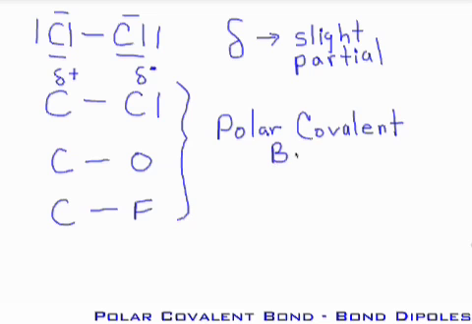We're just saying the electrons are slightly tilted to one atom. And this polarizes the bond. And this polarization leads to what are called bond dipoles.